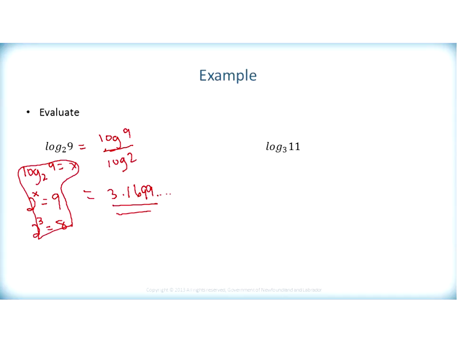In the next one, we have log 11 base 3. That will be equal to log 11 over log 3. And we can calculate this on the calculator.